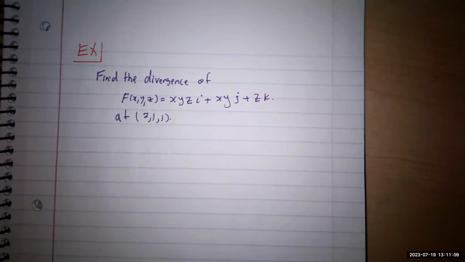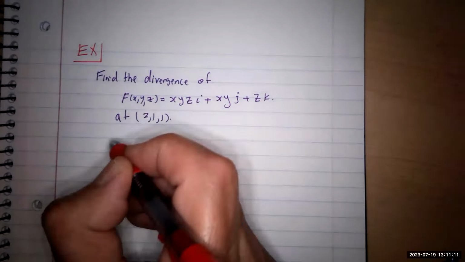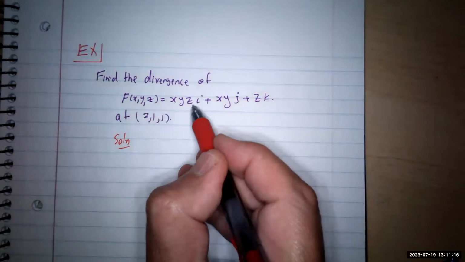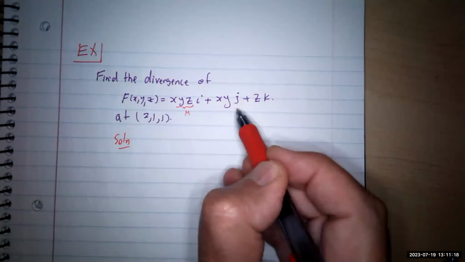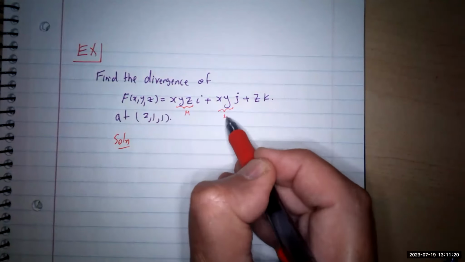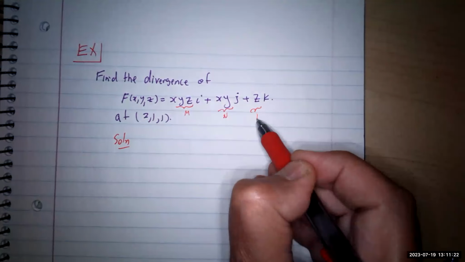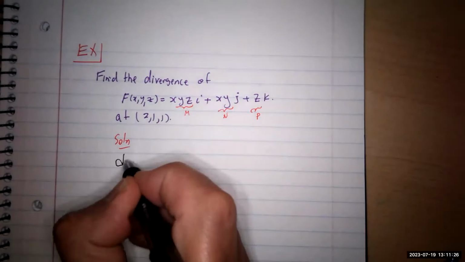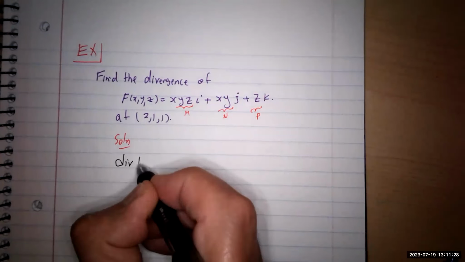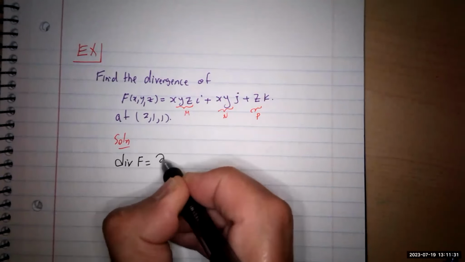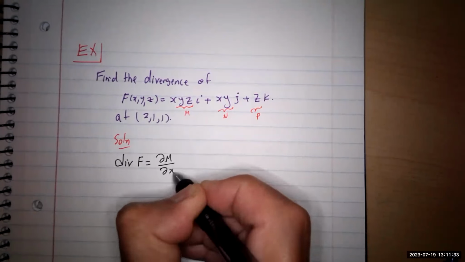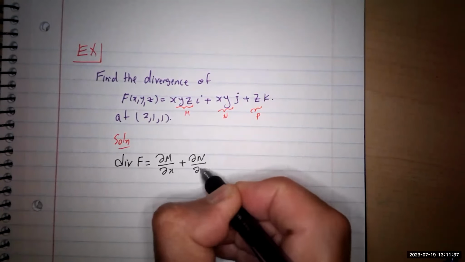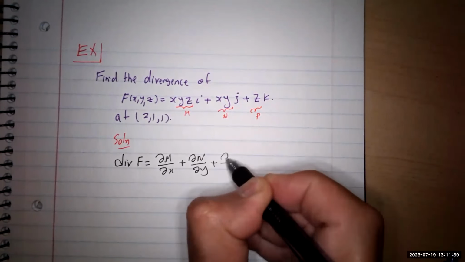Okay, you know the formula. You see, this is M, N, and P. And the formula for the divergence of F is partial M partial x, plus partial N partial y, plus partial P partial z.